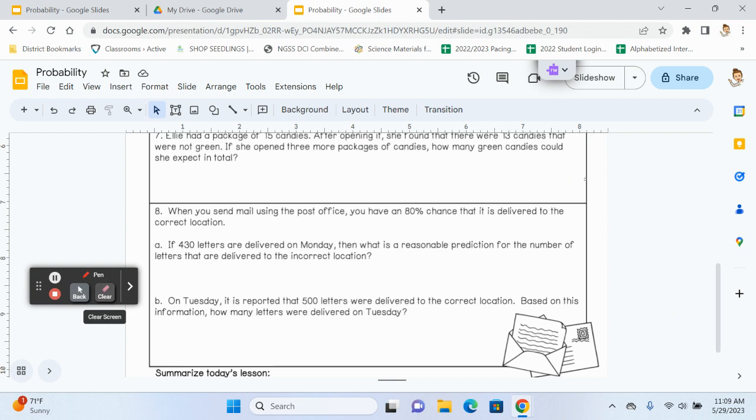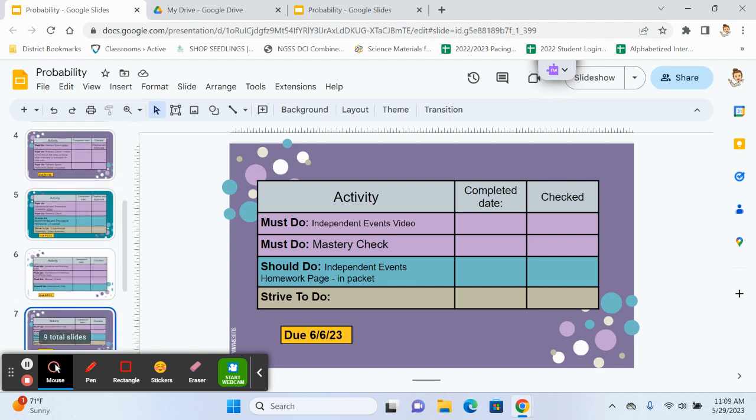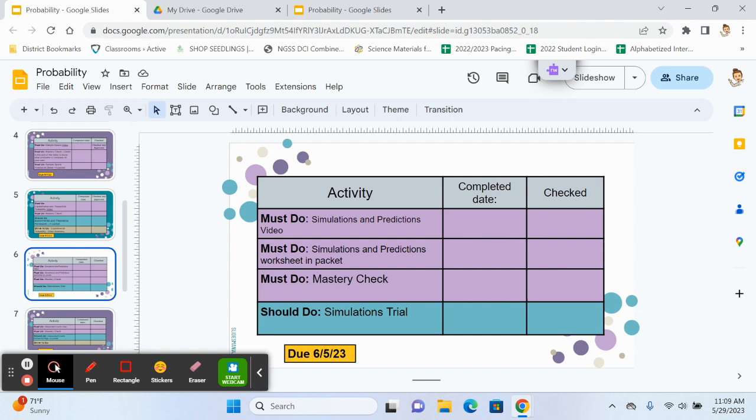So let me take this over. Let's see if I can click over. Yep, there we go. So this is where we are, simulations and predictions. After you finish that video, which is what we're doing right now, you'll type in the date that you completed, and if I've approved it, I'll put my initials right there.